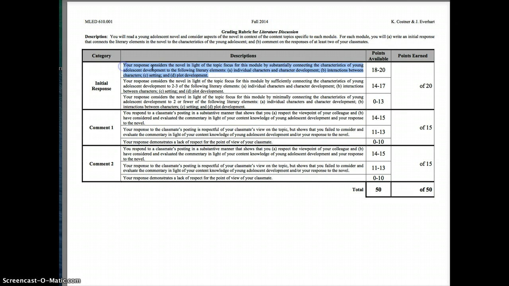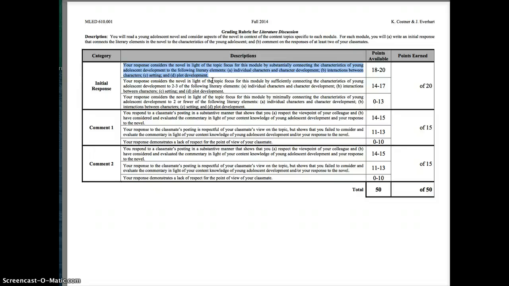When you look here, your response is going to consider the novel in light of the topic focus for this module. That would be, in the first week, intellectual and emotional development of young adolescents, for example. Your response is going to consider the novel in light of that topic focus by substantially connecting the characteristics of young adolescent development to the following literary elements.